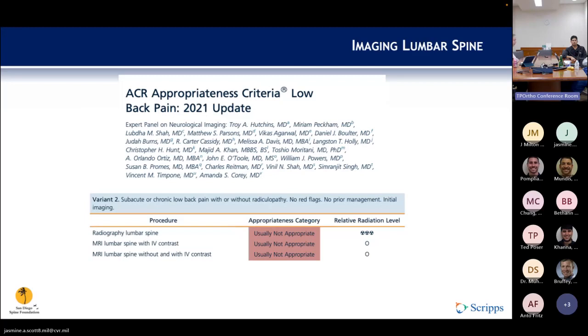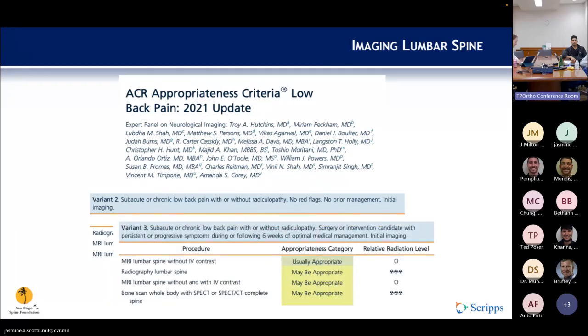Maybe this is more relevant for folks in the urgent care setting, primary care. But if there is any radiculopathy, if they've been dealing with it, it's changing, then imaging may be appropriate. Again, they're going to tend towards the MRI because there's less radiation.